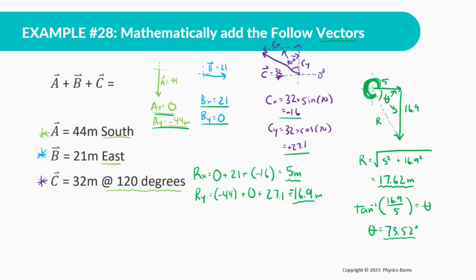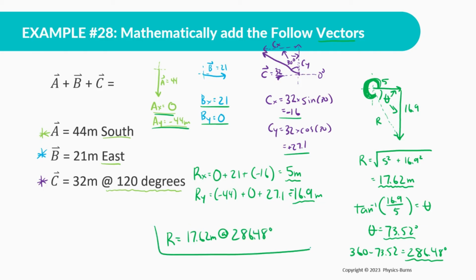So that's what I'm going to do. 360 minus 73.52, and we get 286.48 degrees. Okay, so I hope that makes sense. The resultant vector is equal to 17.62 meters at 286.48 degrees.